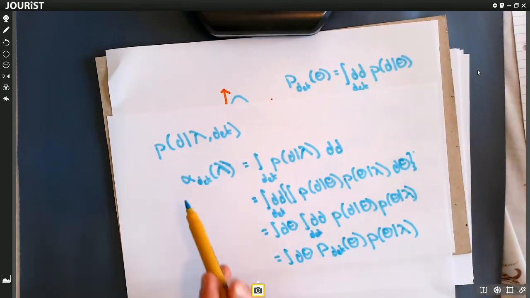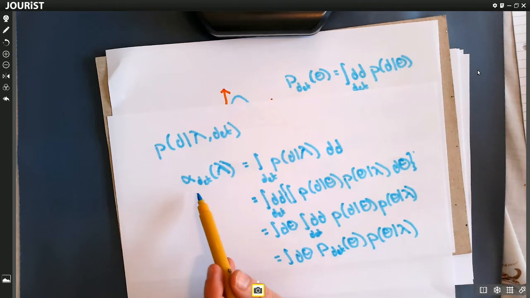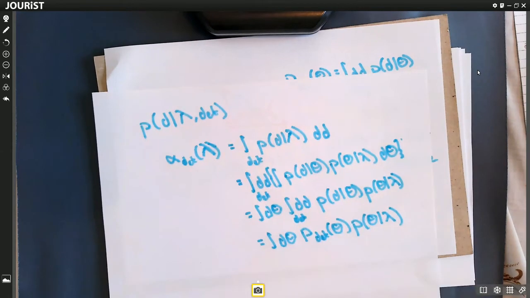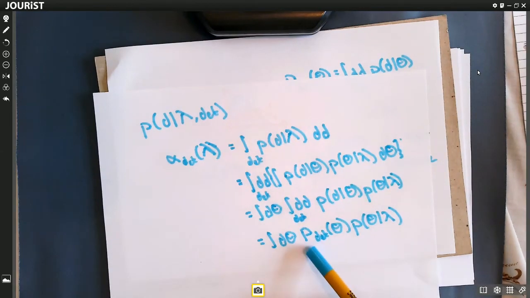Okay, so this is saying alpha, which we wanted to be our term that encodes how detectable this population is, is just the weighted integral of all the different detectabilities weighted by the prior of having those choices. So p det, we know, is the probability of, if we had this source parameter, how detectable would this be? And then we take a weight of these based on our prior. So in our population, this is how many there are of each value of theta.